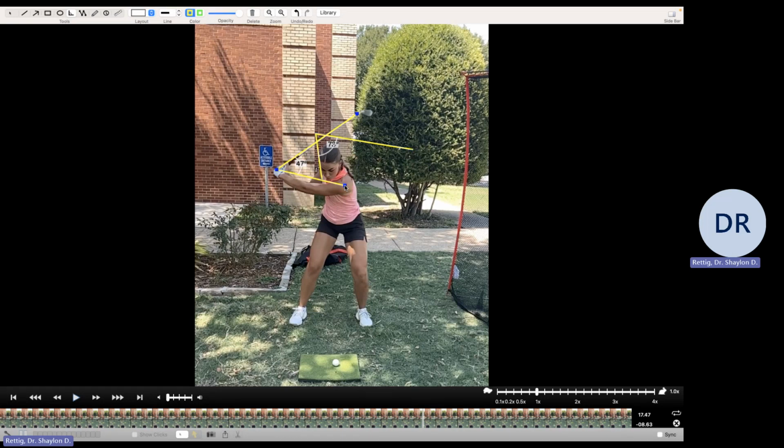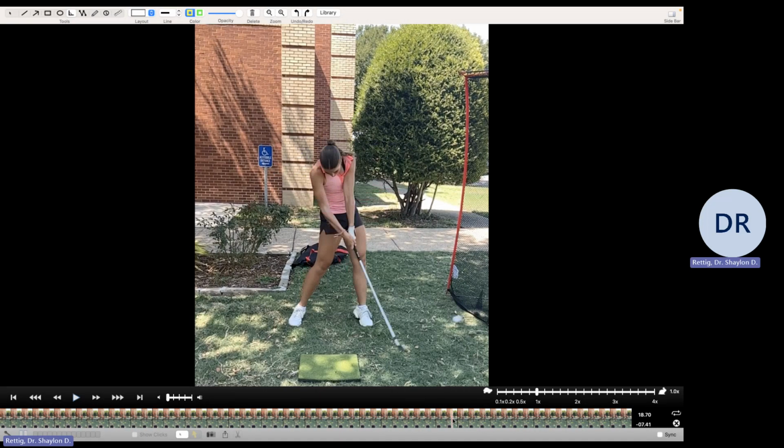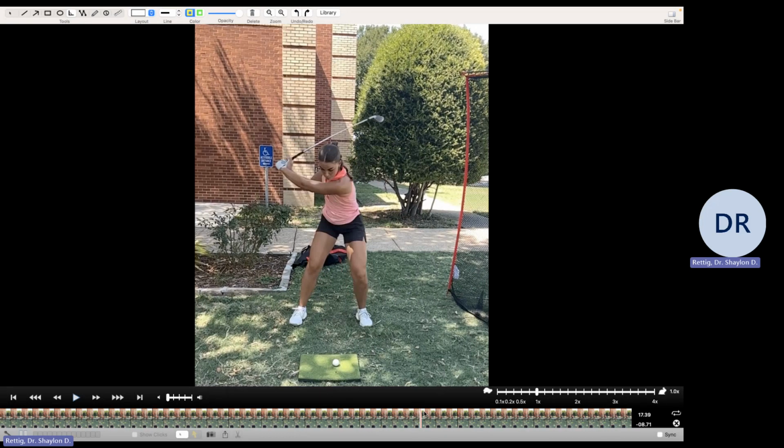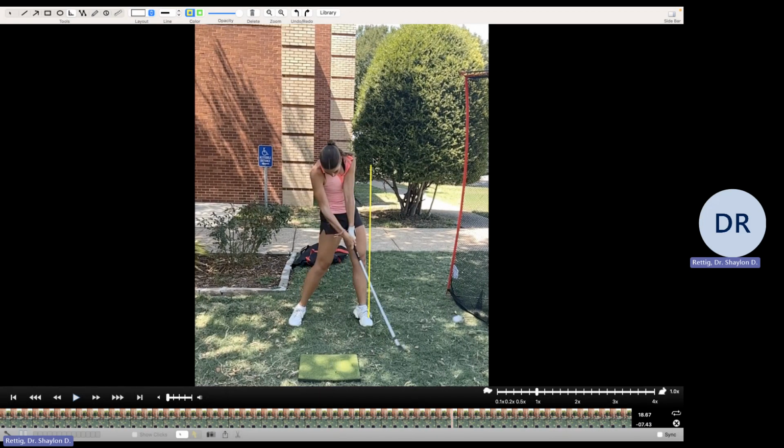So you're doing a good job compressing there, and you are getting a lot of power there. The greater the degree, the greater the energy generation. And then you're not chicken winging at all on that left arm, so you're doing good from that standpoint. So the main thing I'm seeing is hanging back, meaning that you're not closing that gap on the left side. You're rotating the hips, but there's no shifting of the weight.